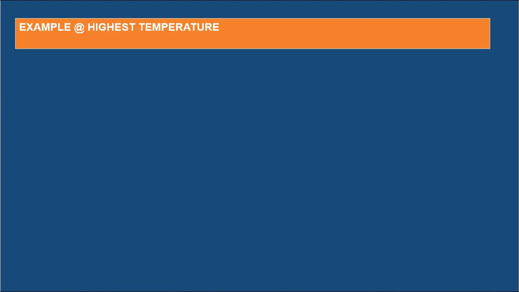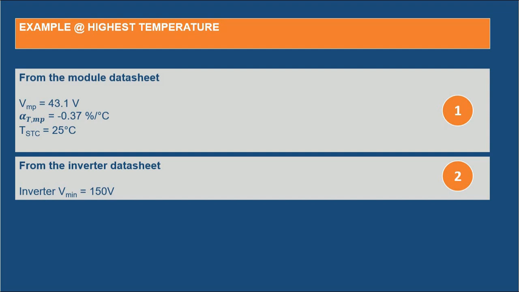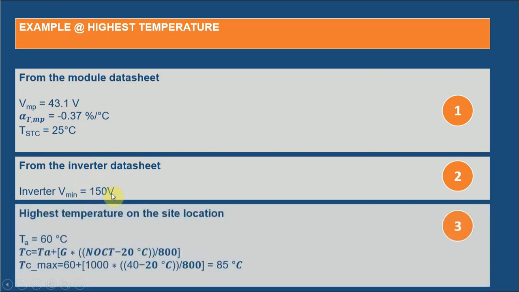Now we come to correcting the voltages at high temperature. From the datasheet, we get the maximum power voltage, which is 43.1, and the temperature coefficient, minus 0.37 percent per degree Celsius. From the inverter datasheet we get the minimum voltage for the inverter, which is 150 volts.